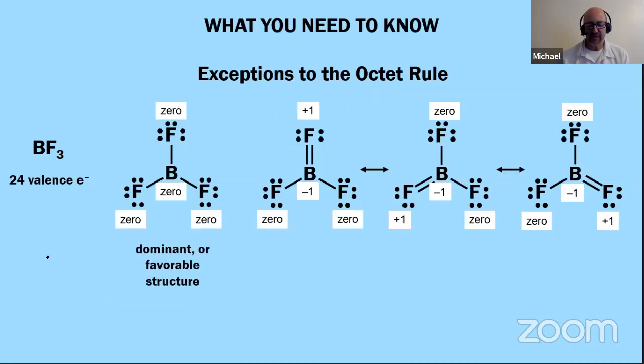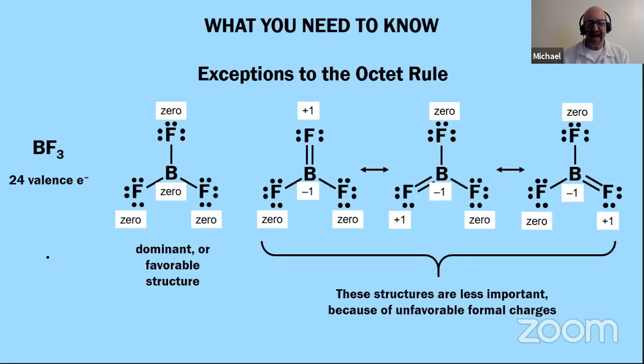And the answer is no. So the dominant Lewis structure is actually the one that does not obey the octet rule, because these structures, because of their unfavorable formal charges, are less important and do not contribute significantly to the bonding picture. So it's okay for this particular example with boron for it to be less than an octet.